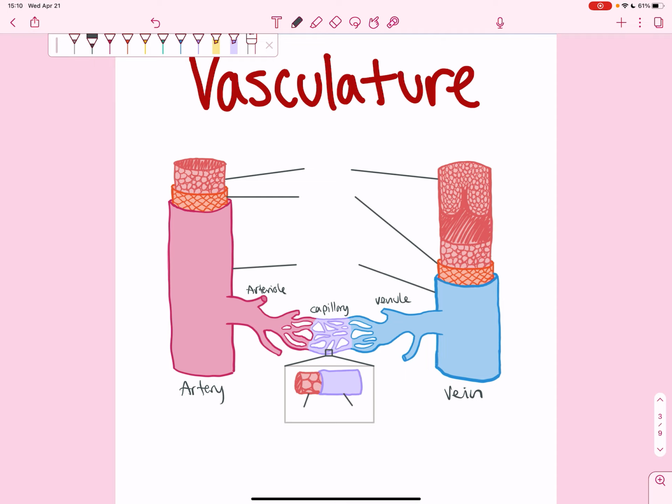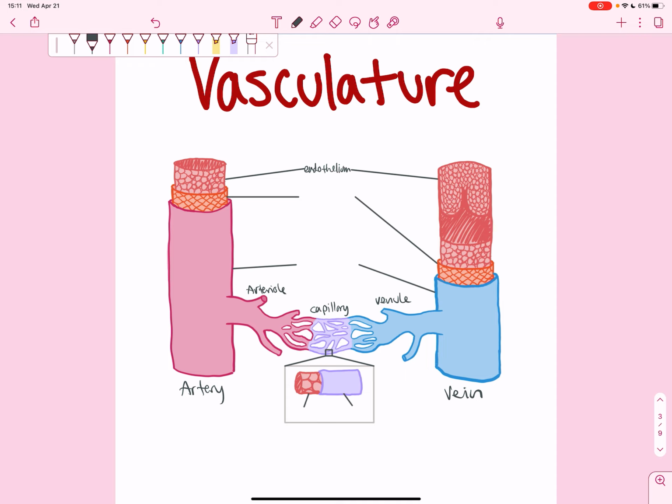Alright. Now we'll label the different parts of what makes up these different vasculature systems. I didn't really leave a lot of room to write, so I'll write hopefully small. That's the endothelium, the innermost lining of a vasculature system.